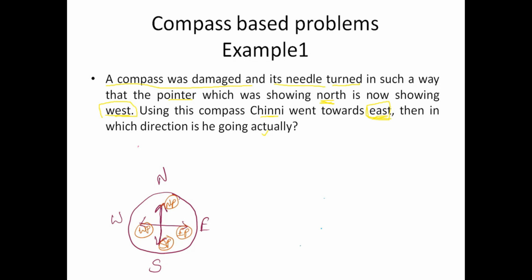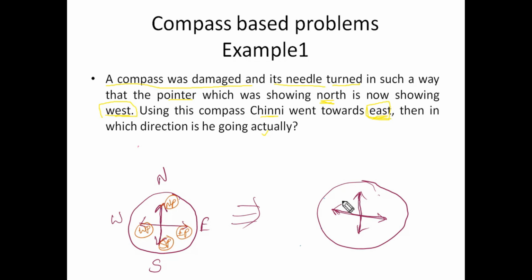Now see, after damage, this is the damaged compass. Again, I am taking the four pointer locations. So simply tell me one point here. Suppose one person is moving somewhere using the original compass.